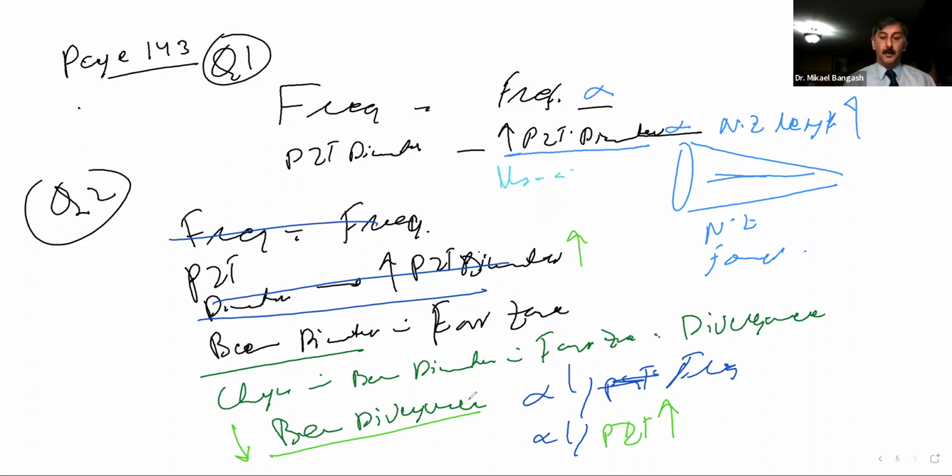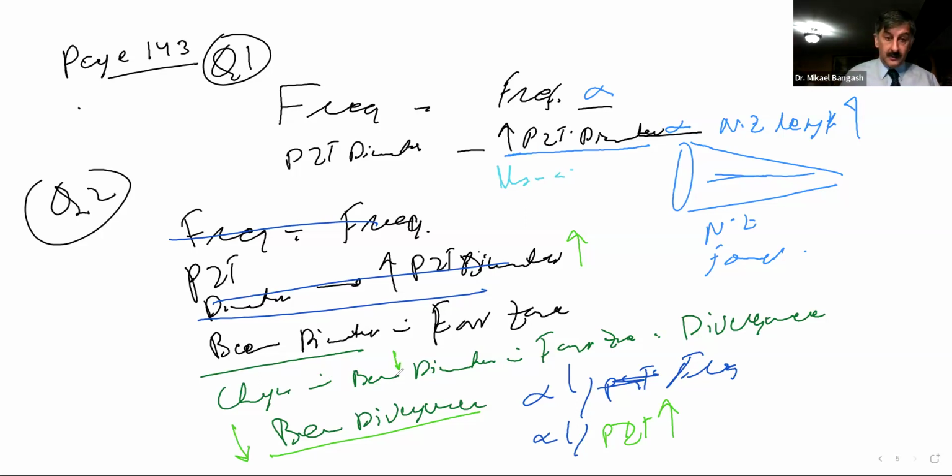Clear? Because lesser divergence means that there will be a lesser change in the beam diameter in the far zone. Did that make sense? Yes. Okay, so here they really are playing around with the words. Clear?